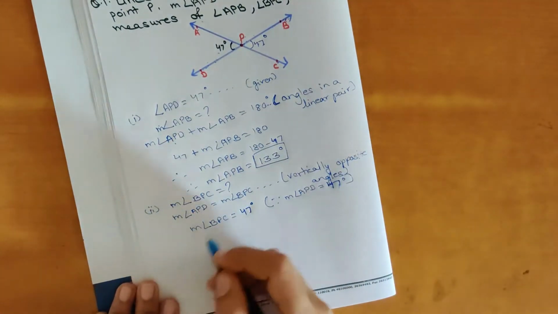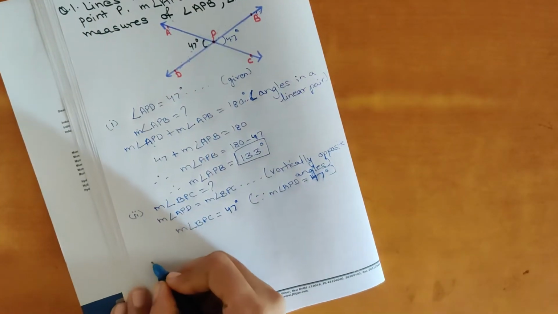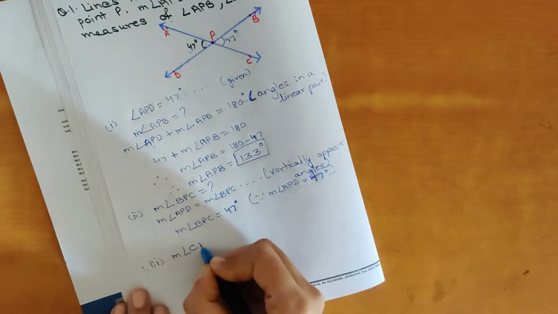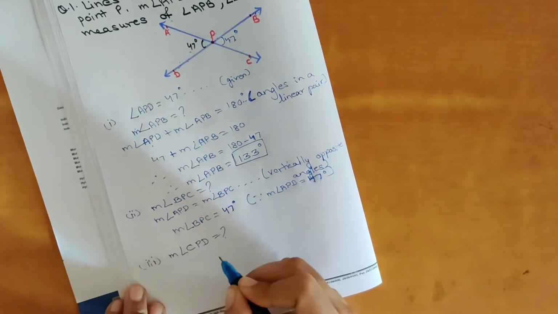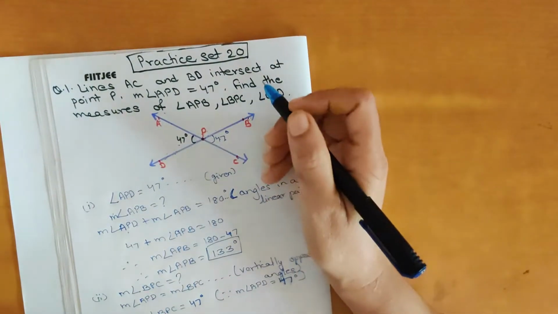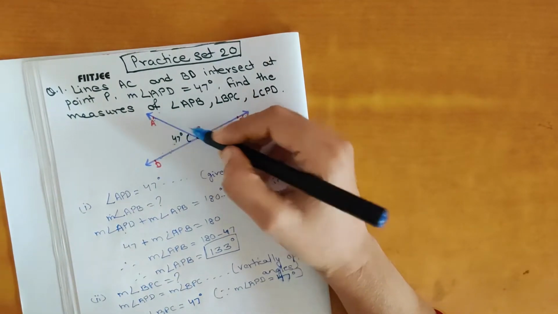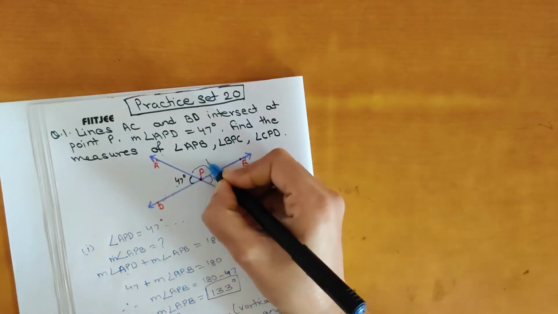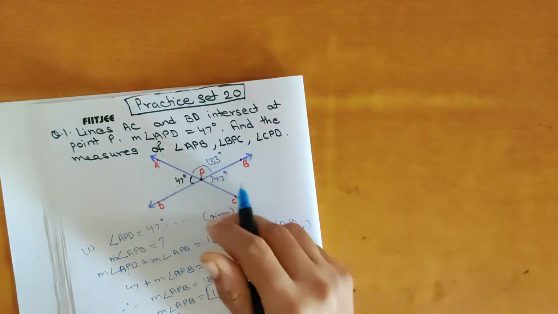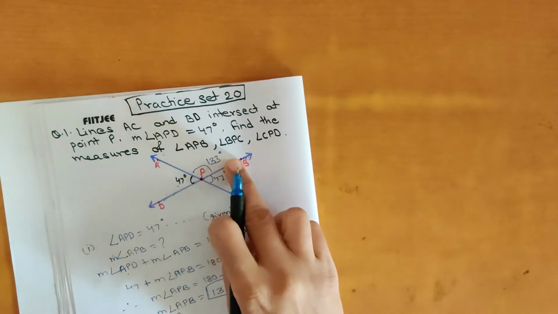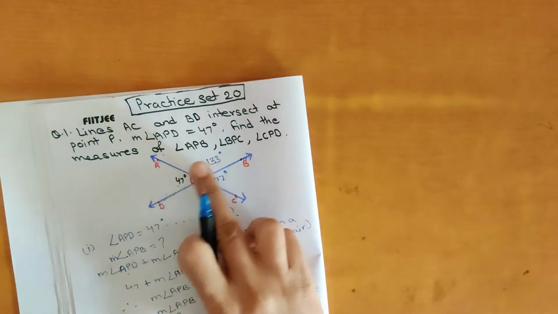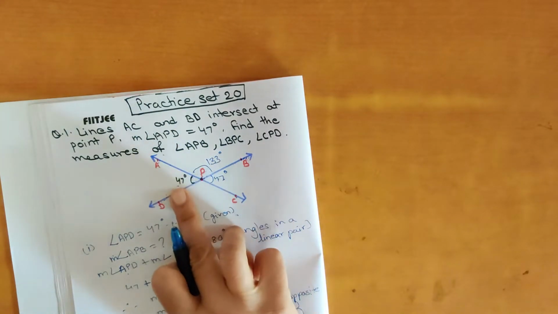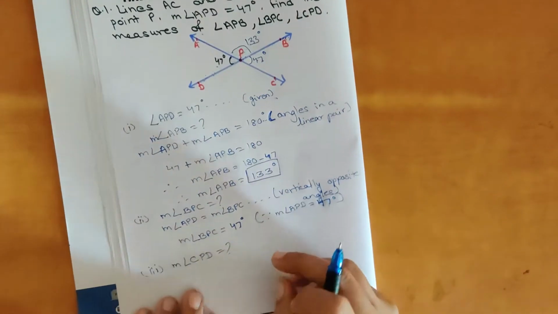Now we will find angle CPD. So for the third one we will find the measure of angle CPD. Now see, we found APB. How much did we get? 133 degrees. Because the angles in a linear pair are 180 degrees, so 180 minus 47, we got 133 degrees.